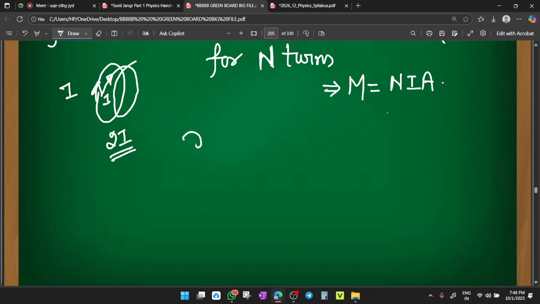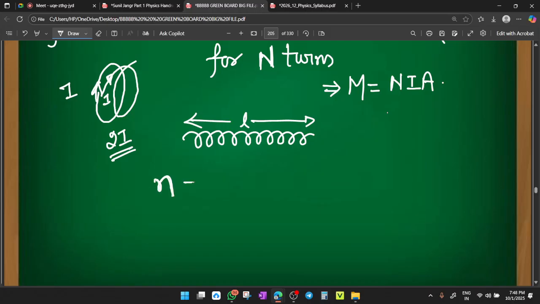And see, if there is a solenoid having length L, then we have talked about a small n, that is the number of turns per unit length, capital N by L equals n. So in terms of small n, I can write capital N equals n into L. Yes or no?